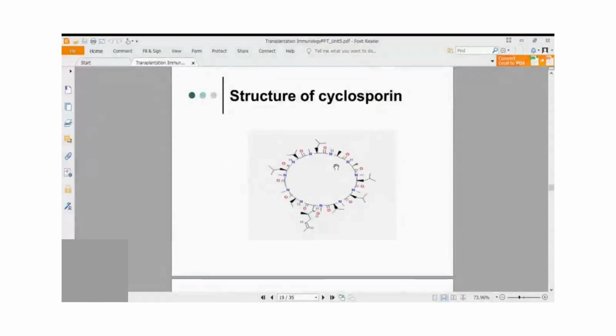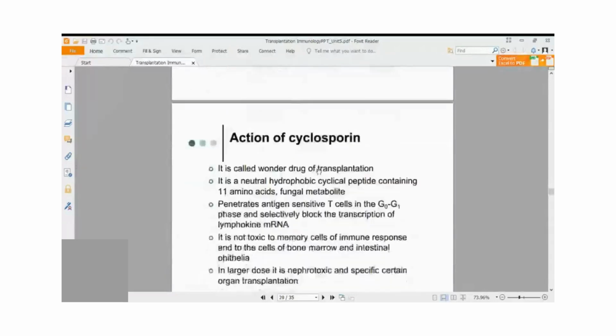The NH2 terminus of this peptide is linked back with the COOH terminus of that same peptide, creating a circle. It is a circular peptide having only 11 amino acids in it, and it is a fungal metabolite produced by a fungus.